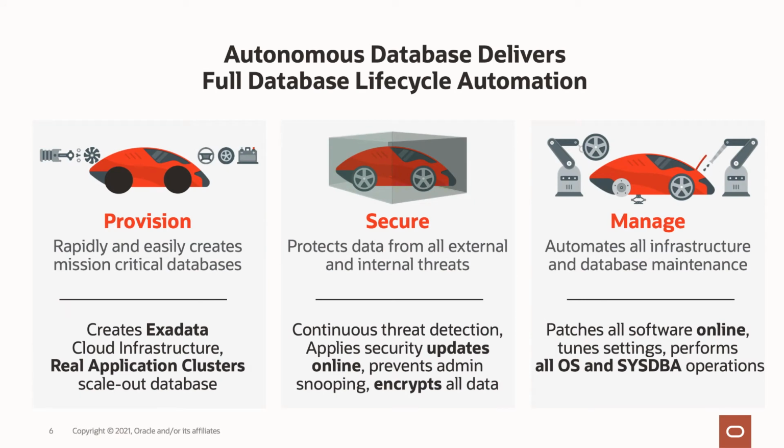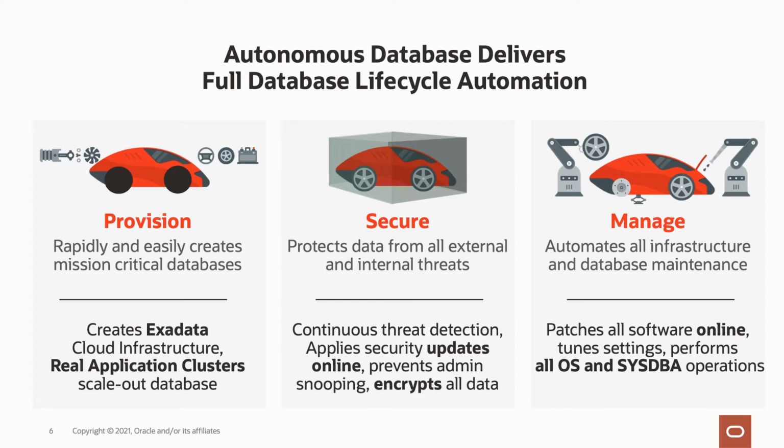So how does this work? Let's look at some of the key elements in the life cycle of a database. For provisioning, Oracle quickly deploys a mission-critical database on our Exadata infrastructure in the cloud, a platform optimized for the Oracle database.